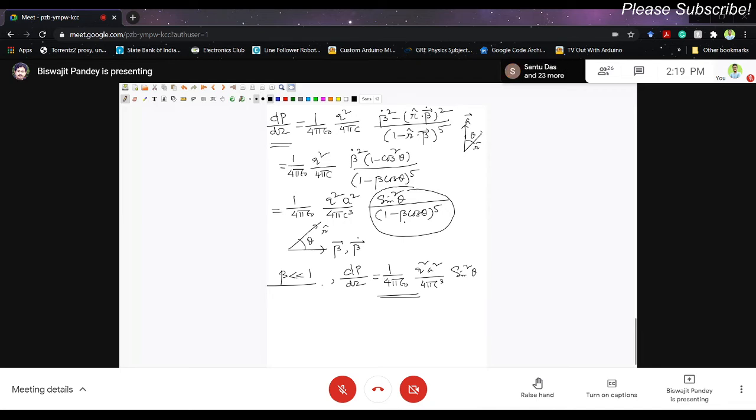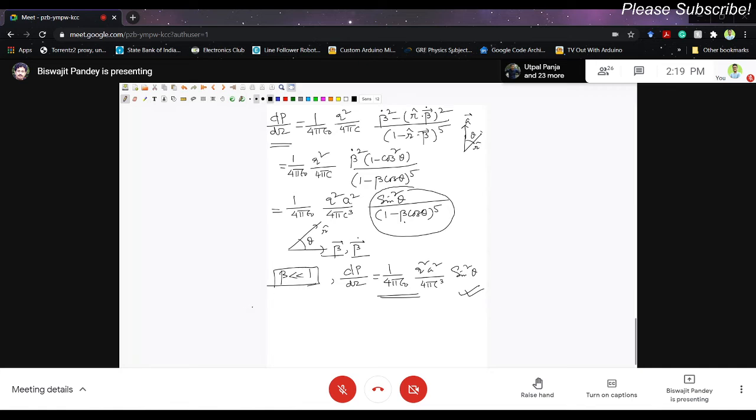Otherwise, if you write this in terms of the Poynting vector, there will be r squared here. So we can obtain the non-relativistic case from the relativistic case, but of course here the velocity and acceleration are parallel, right? That is fine. In any case, you should get back the non-relativistic case when you apply beta much less than 1.